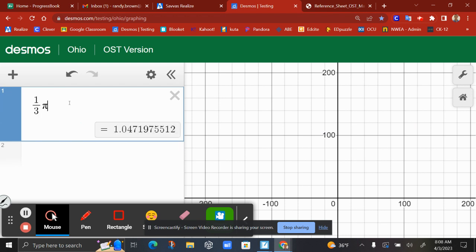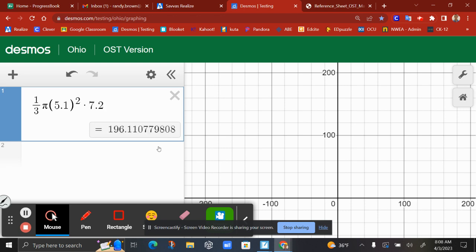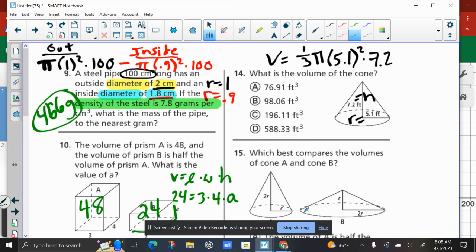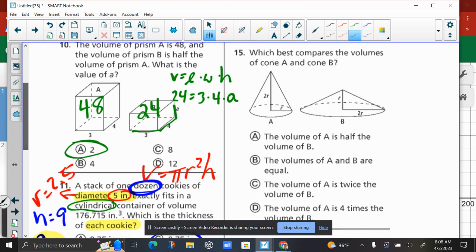One-third pi, 5.1 squared, h, which is what, 7.2. So 196.11. That's just a find the formula, put your numbers in, no tricks there. That's an easy one, get that problem.